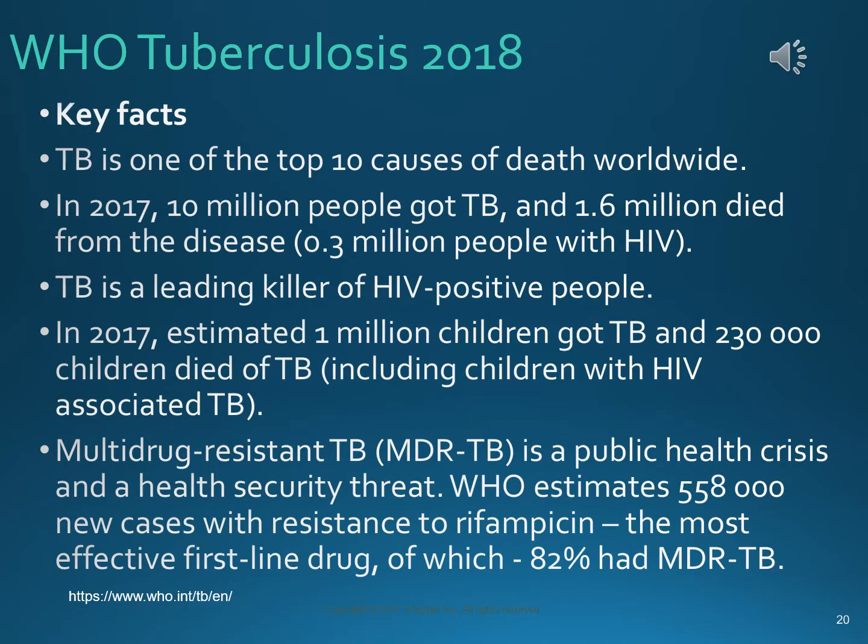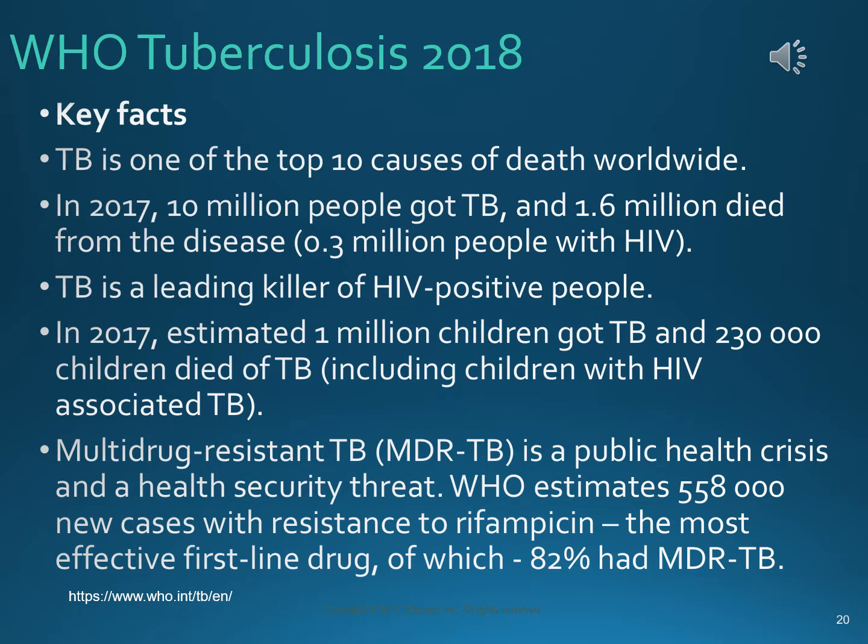The World Health Organization, the WHO, is very involved in TB prevention and treatment, and they have a global plan to get rid of TB around the world. It's a very ambitious plan. The facts that the World Health Organization uses in their TB campaign is that TB is one of the top 10 causes of death worldwide.